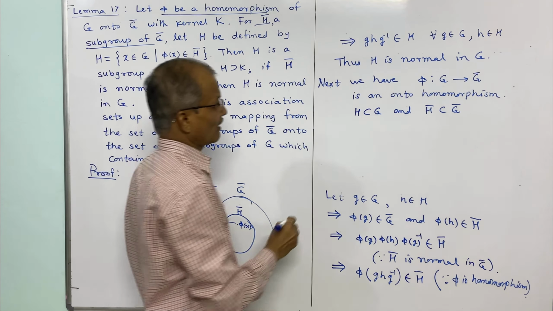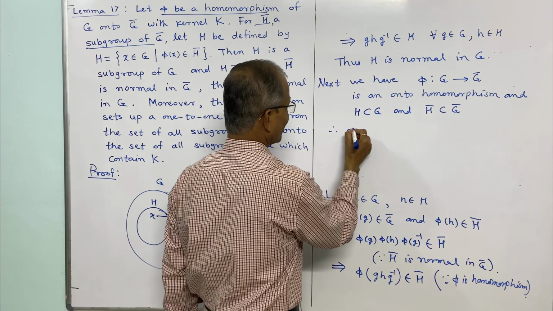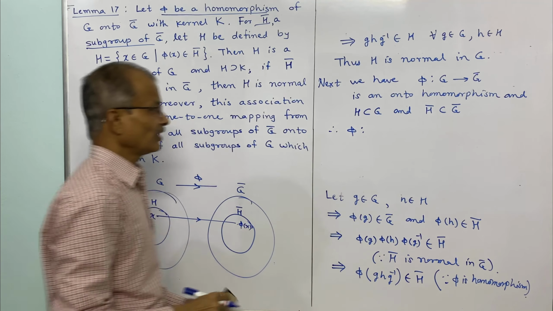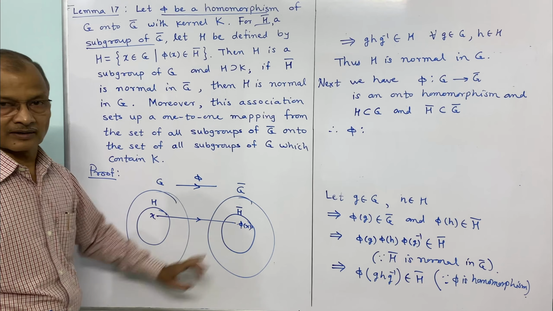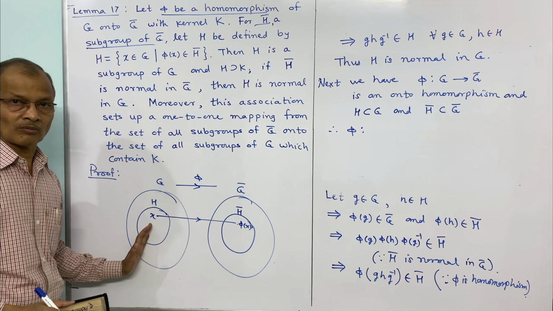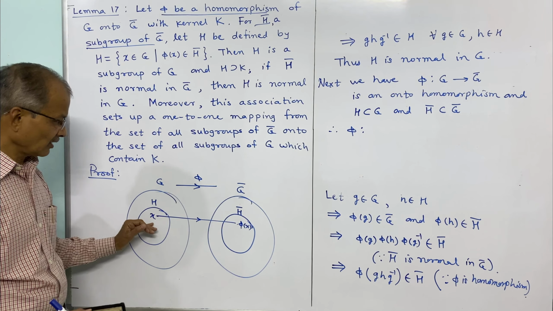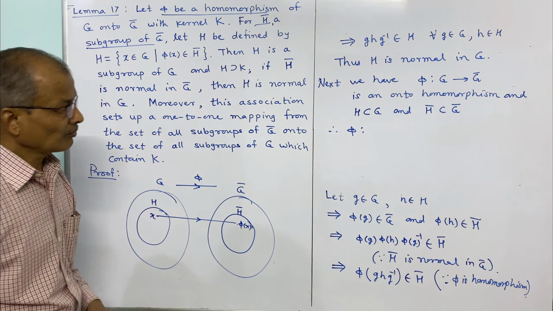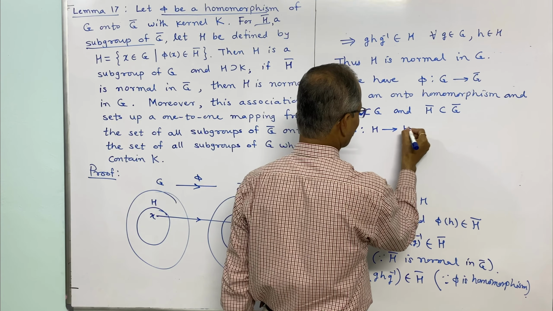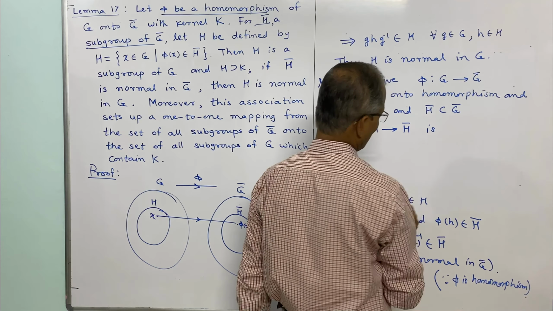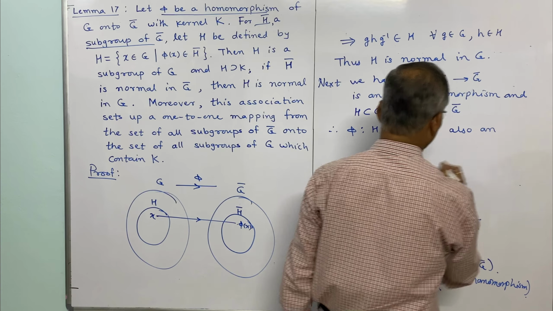Therefore, we can consider this mapping phi from H to H bar, and that is also an onto homomorphism, because whenever H bar is normal in G bar, then H is normal in G, which we have proved.